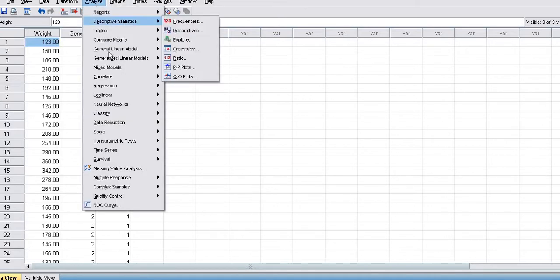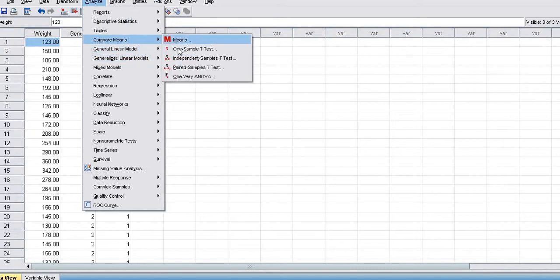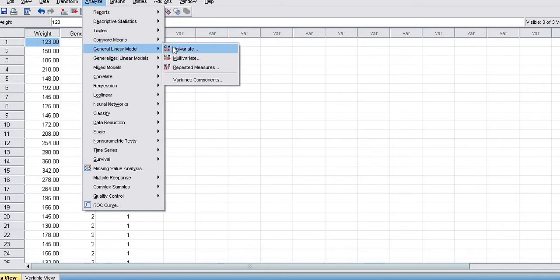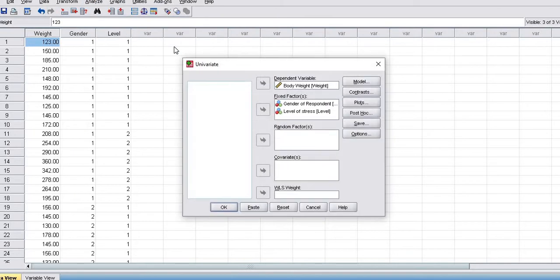Analyze, general linear model, and now click on univariate. Now reset these values. Body weight comes in as the dependent variable, and gender of respondent will be a fixed factor, and level of stress is also a fixed factor.